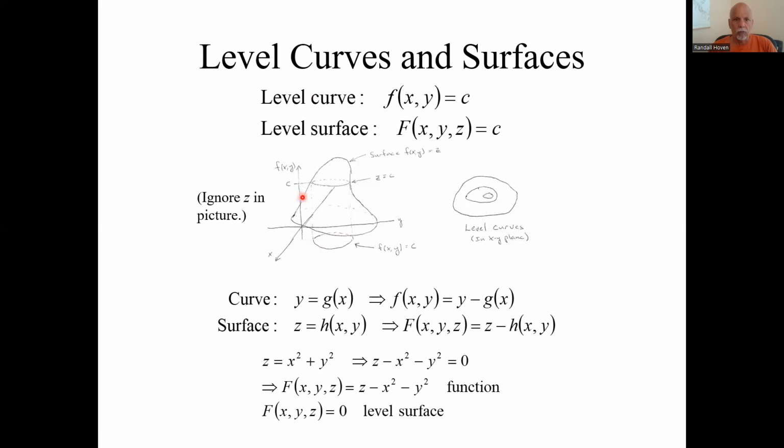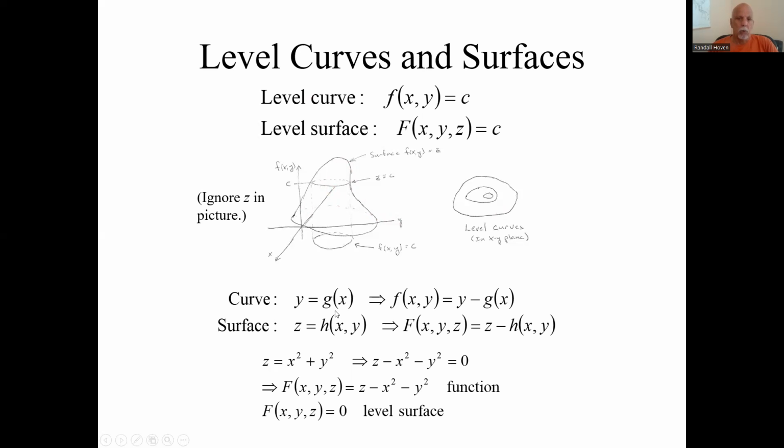If I took a few different cuts, I would get multiple level curves, and it would start looking like a contour map of a hill. It would be a contour map of this surface hill.